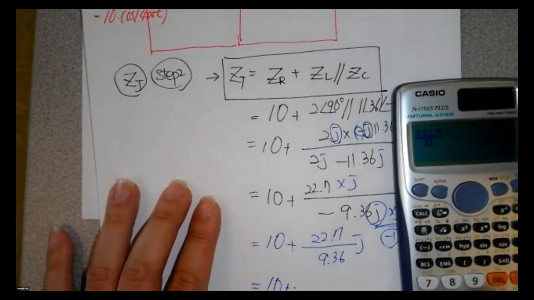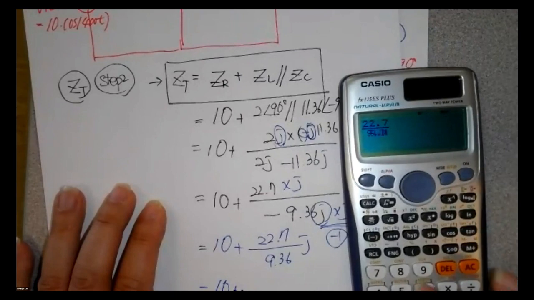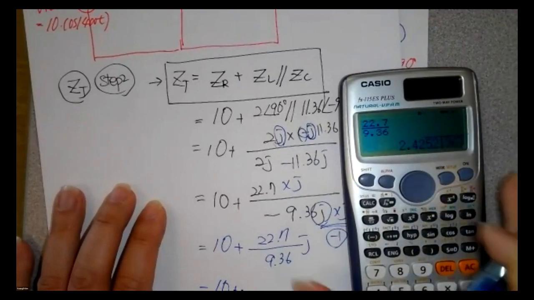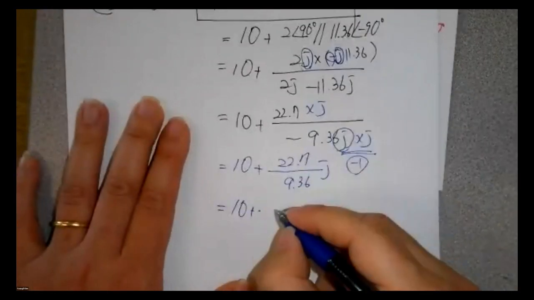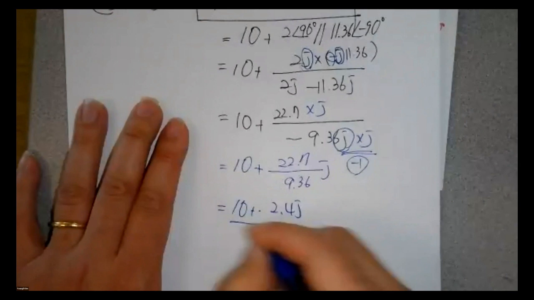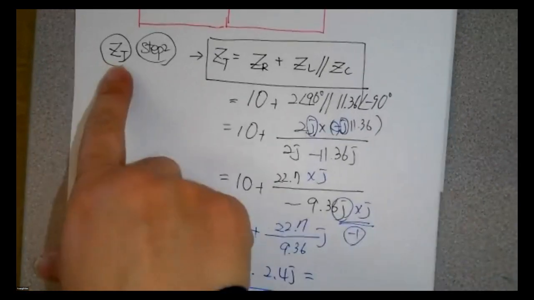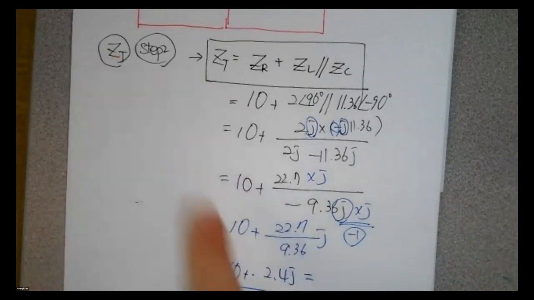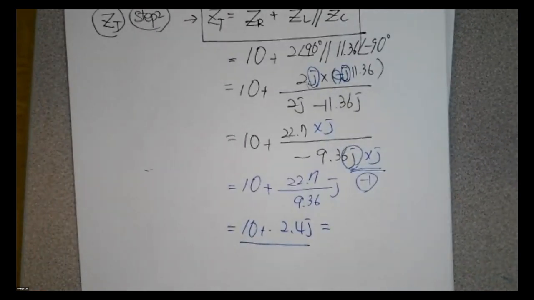So 10 plus, I'm going to use the calculator here. 22.7 divided by 9.36. Here we go, so 2.4. So 2.4 j. So the total impedance is 10 plus 2.4 j.